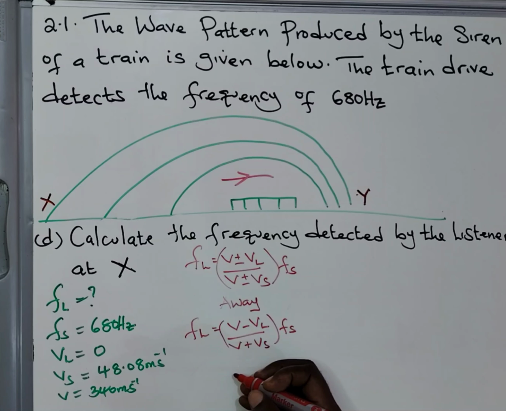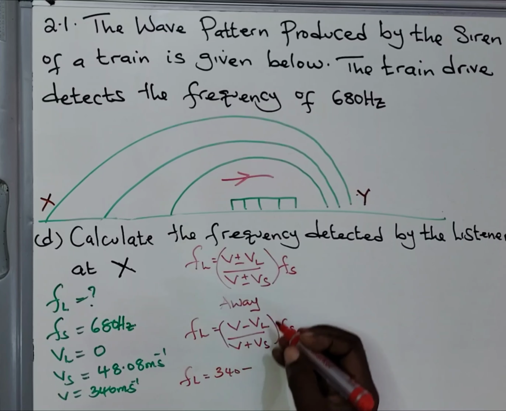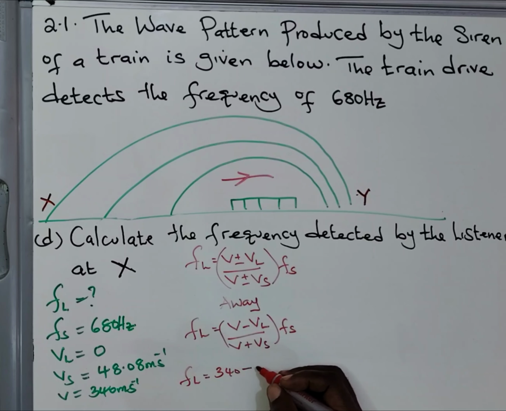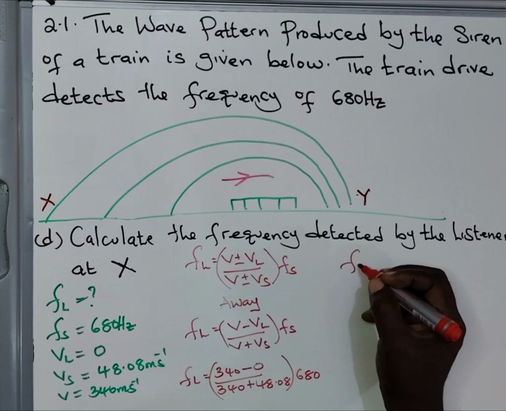With this, we substitute. So we are going to have FL equals V, which is 340, minus VL, which is 0, over 340 plus Vs, which is 48.08, all this one into the frequency of the source, which is 680. So next is to simplify.